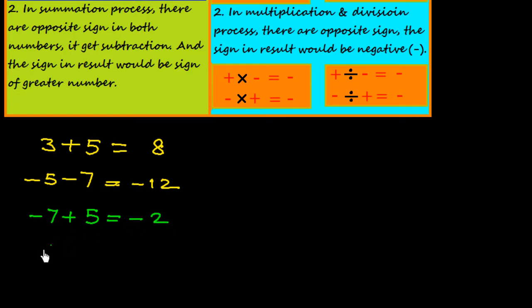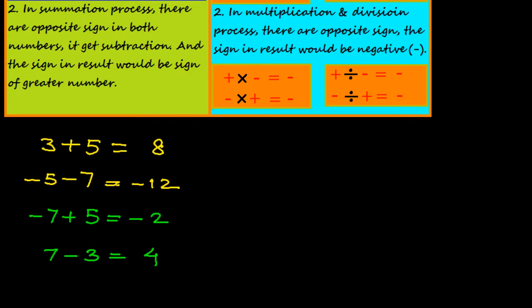If you have a number like 7 minus 3, here 7 is positive and 3 is negative, the operation would be subtraction, and if we subtract 3 from 7, we get 4, and the sign of 7 is plus, so the result would be plus 4. This is the way we get addition and subtraction.